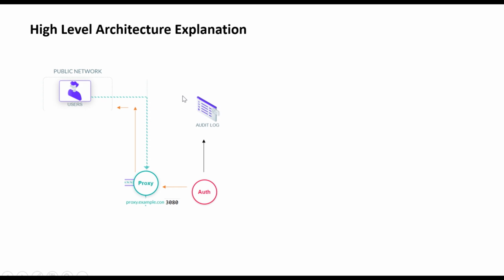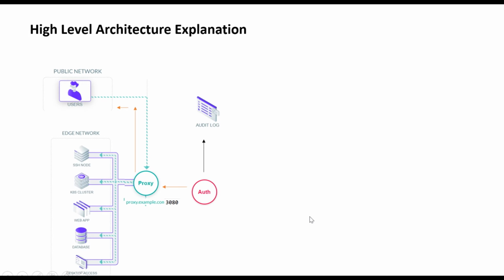So whenever you need to know who has accessed your particular resources in the past, you can always take the record from the audit log. Since this auth service issues the certificate to this particular resource, that's how your user can get connectivity with these resources.